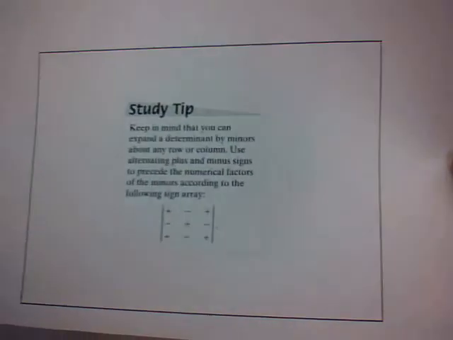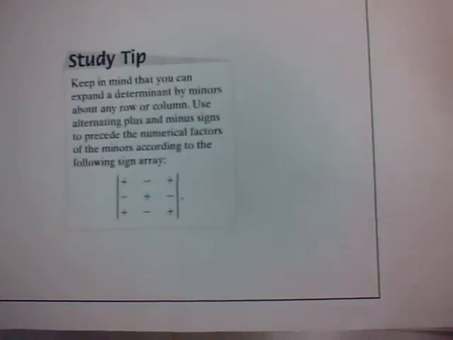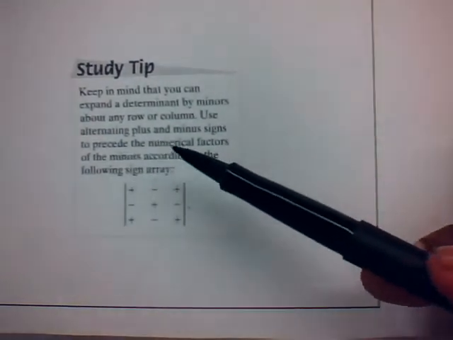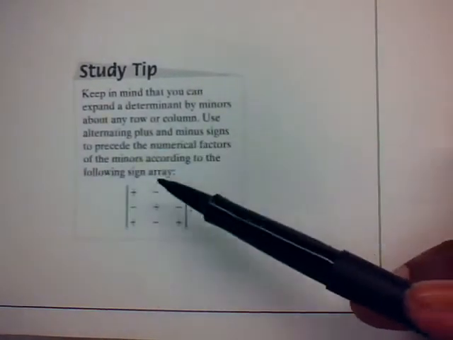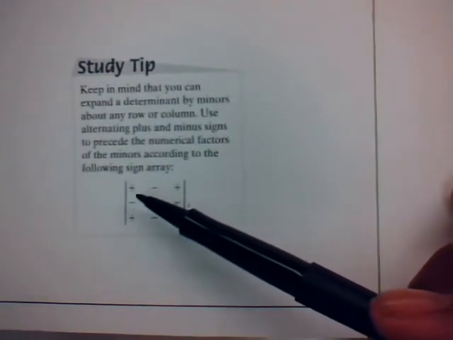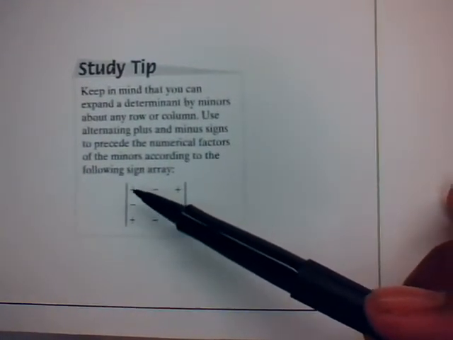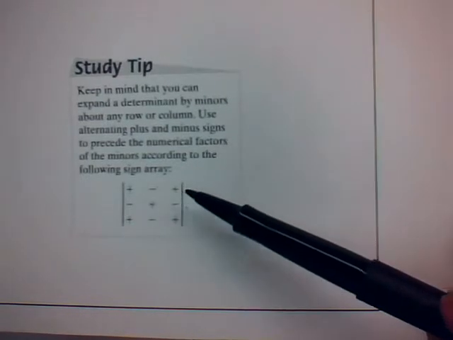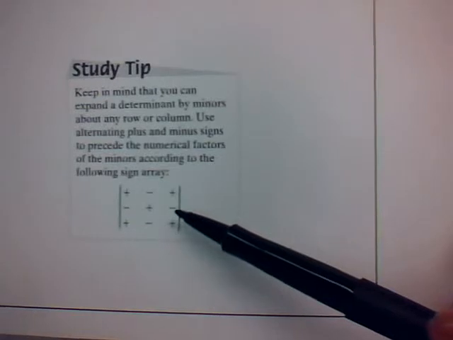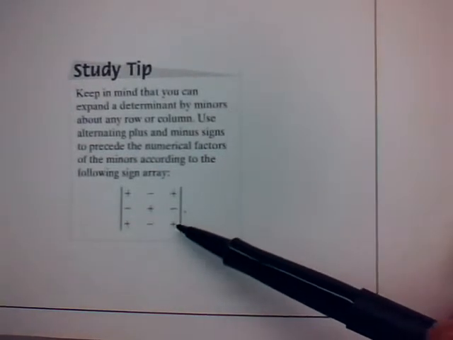And here's a study tip that may help. Now, when you expand a determinant by minors about any row or column, you want to use alternating plus or minus signs to precede the numerical factors of the minors according to the following sign array. In this case, the first row starts off with a plus, then minus, then plus, and then minus, plus, minus, and then plus, minus, plus.